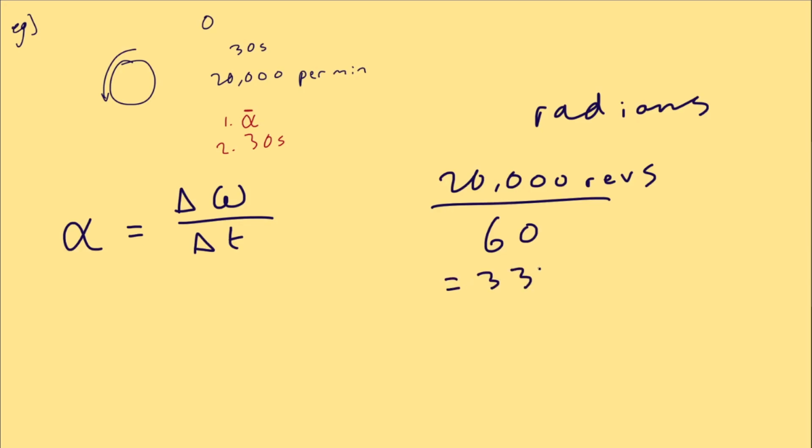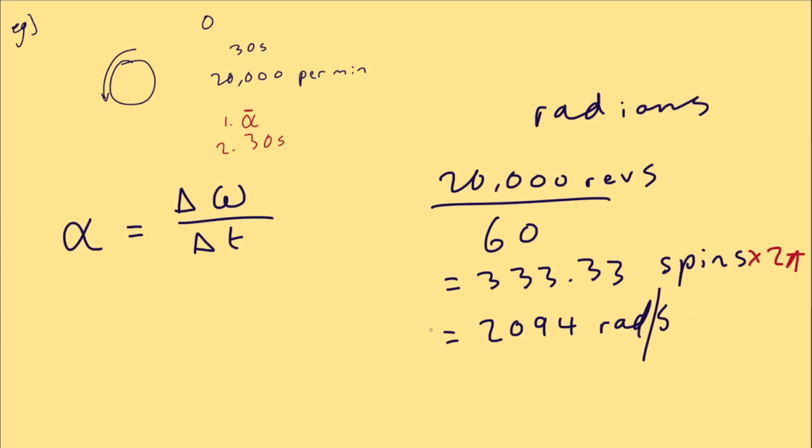We have 333.33 spins every second. And to turn your spins into radians, all you have to do is multiply by 2 pi. You get this number, 2094 radians per second. Guess what this is? This is our angular velocity.